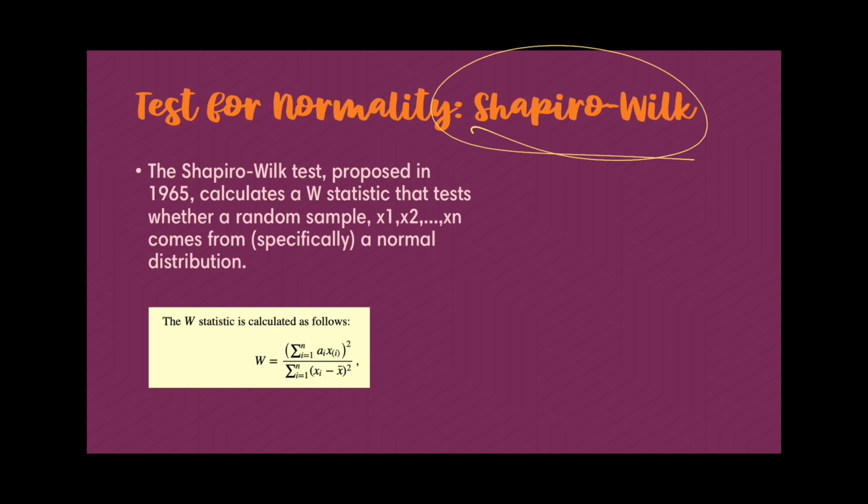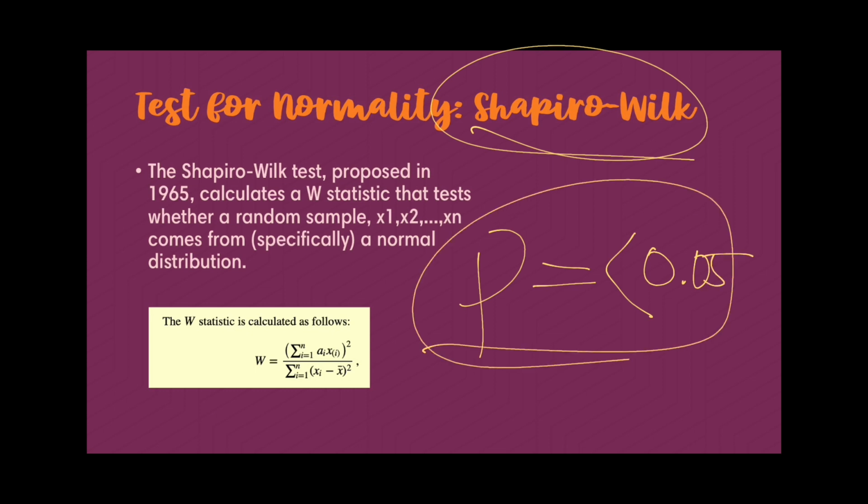The Shapiro-Wilk test, which was proposed by Shapiro and Wilk in 1965, calculates a W statistic that tests whether a random sample comes from a normal distribution. So if the p-value is less than or equal to 0.05, then ibig sabihin, it is not normal. So if it's not normal, we should use non-parametric tests for this sample.